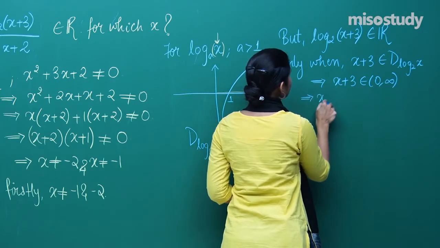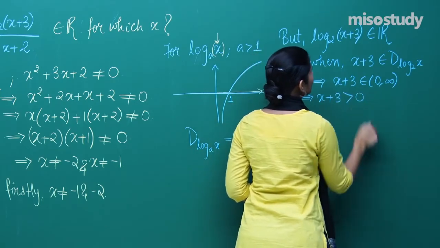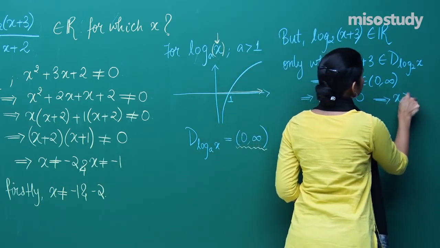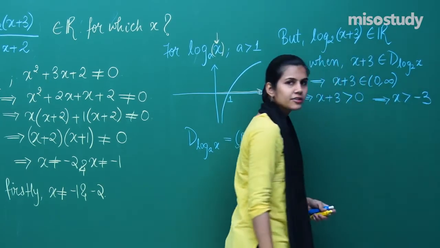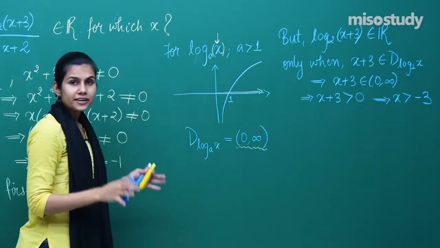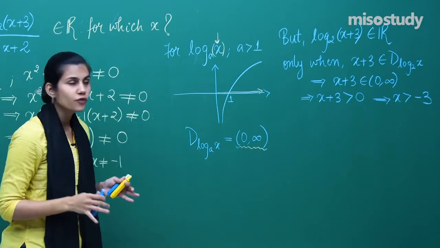Which implies x plus 3 has to be strictly greater than 0, which implies x has to be strictly greater than minus 3. So, both numerator and denominator are giving me conditions for x.